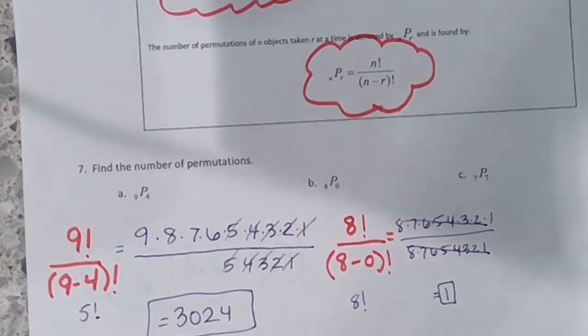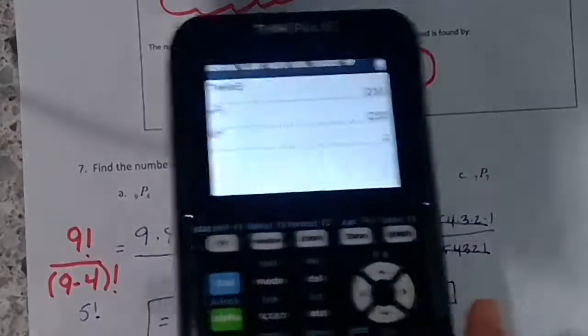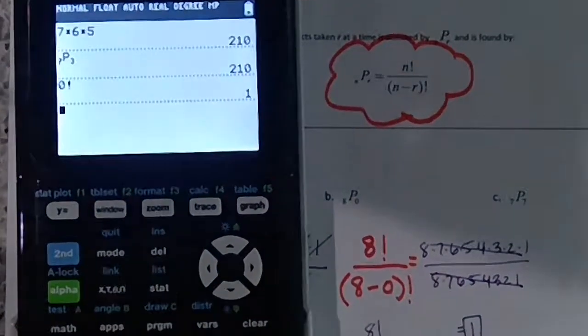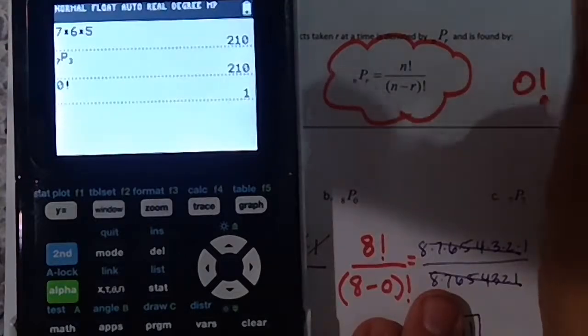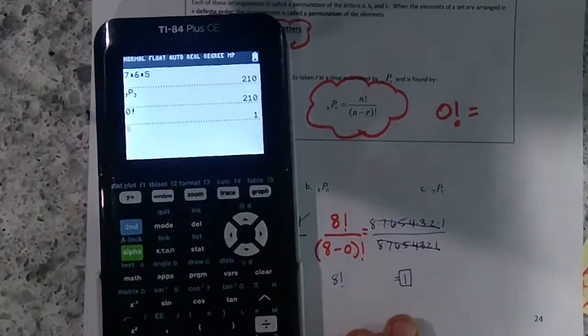Oh, a side note. I have to tell you the definition of what 0 factorial is. So write this down in case you need it at some point on your notes. Can you see that? Okay, 0 factorial is actually equal to 1.